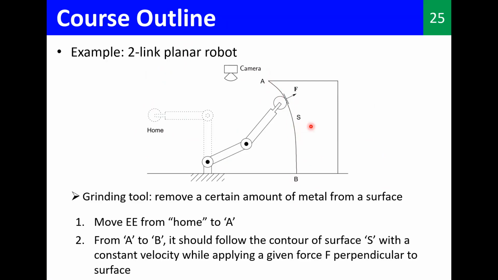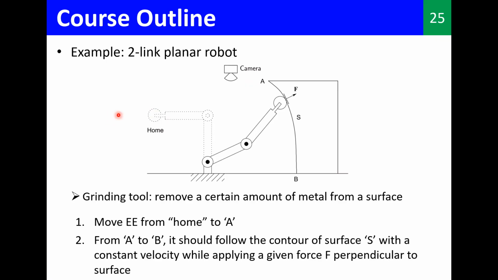In order to do this, our first step is to move this end effector from the home position to, let's say, A position. Because when we start the manipulator, there would be a home position. I think you have worked with servo motors, right? When you plug them in, there is some initial position like that.